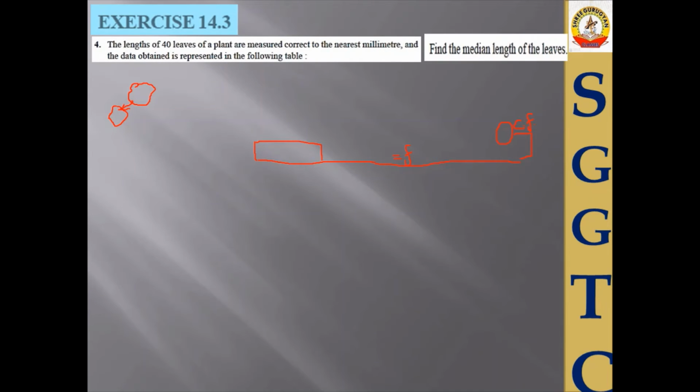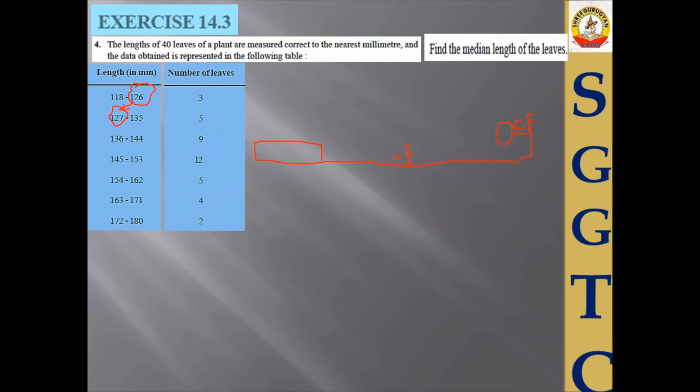14.3 question number 4, median is asked for the leaves. Students, this sum is also most important, because check out, your given class is not continuous data. Check here, one class ends at 126, but the next does not start from 126, it starts at 127. So you can see it is not continuous data.